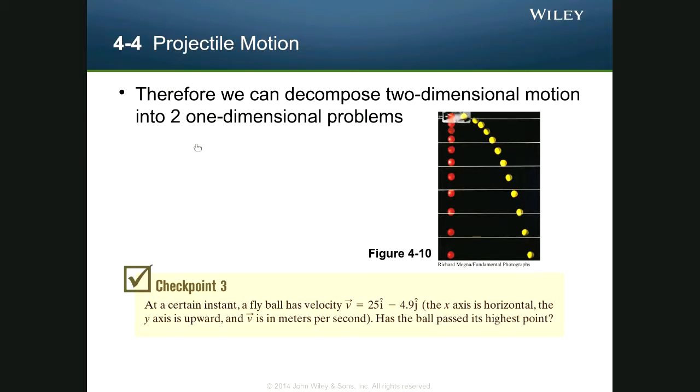So we can decompose the motion, the position, the velocity, and the acceleration, into those two components. All right? So we can look at the vertical component and treat it as a Chapter 2 freefall problem. And then we have this new horizontal component to the motion. So when you do a problem in projectile motion, you're really going to want to break it down into two and have your x stuff and your y stuff here.